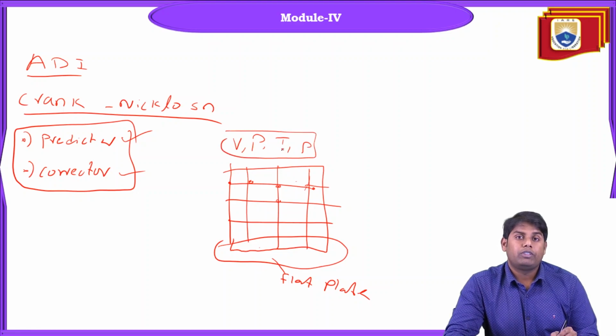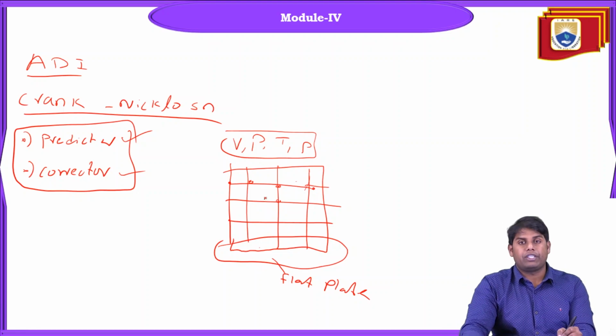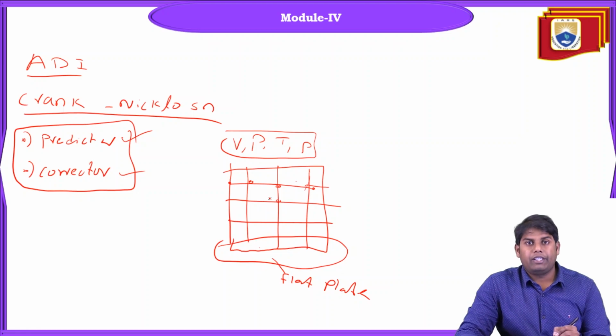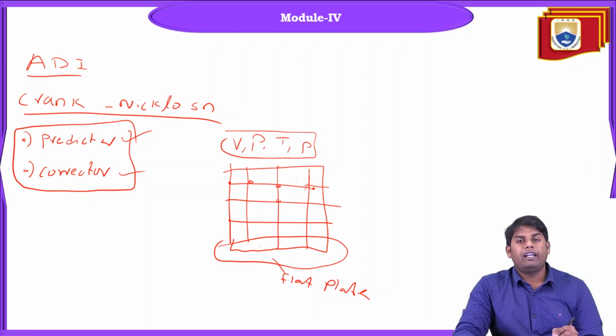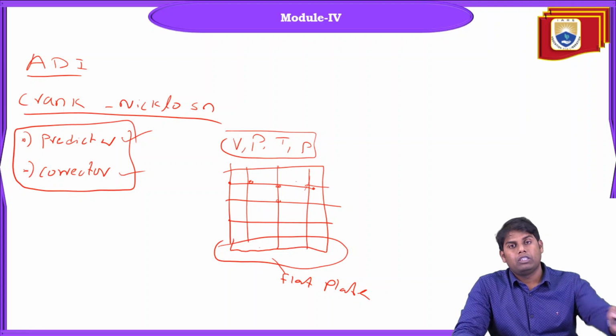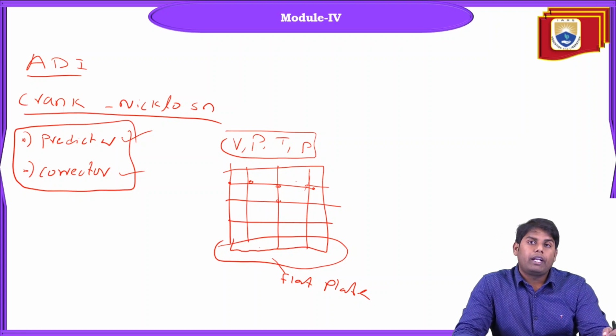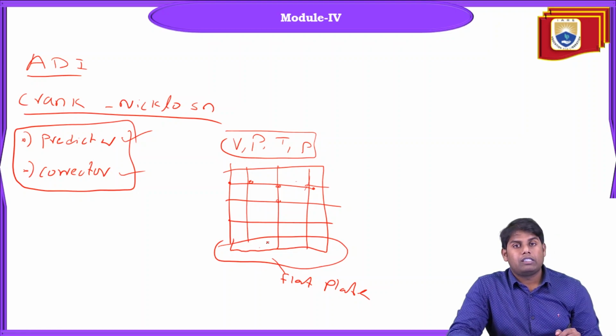These values have to be supplied at all the points inside the domain. That is nothing but your initialization. When you give the initialization, the internal field will have its own values, and from the boundary, the solution will start to be generated from the boundary points.